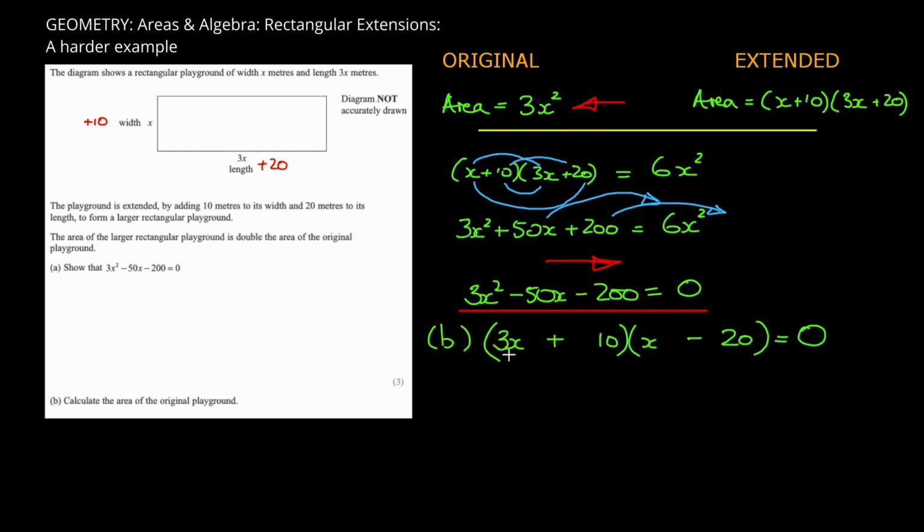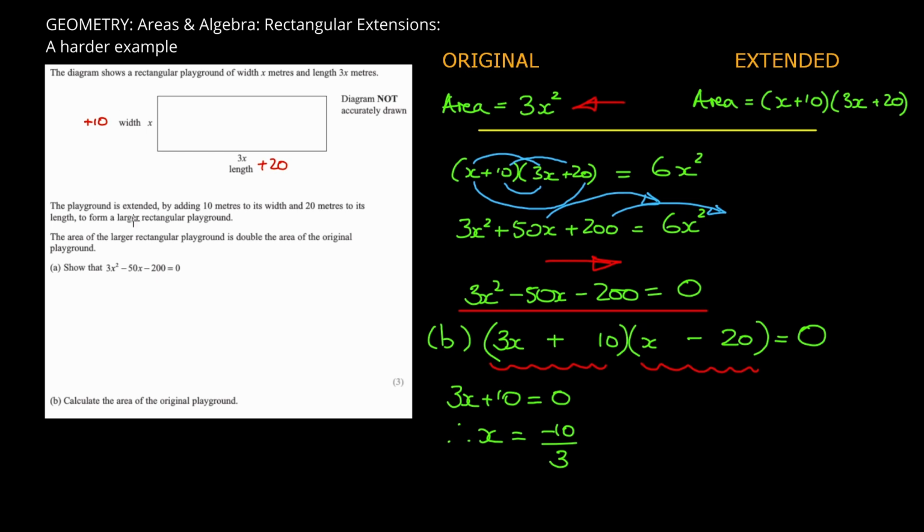So the argument goes, if this equation is to be true, either this part is 0 or this part is 0. So that we can say that 3x plus 10 equals 0. Therefore, x equals, well, if you rearrange and then divide by 3, we get negative 10 divided by 3.